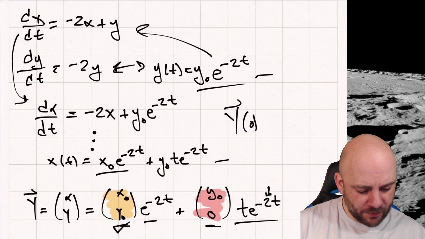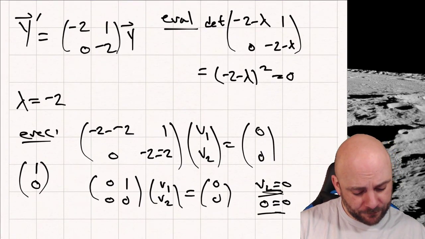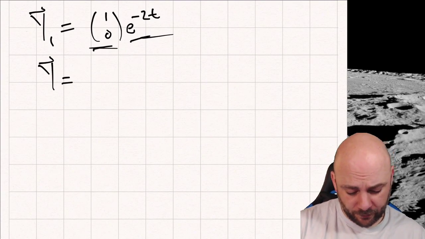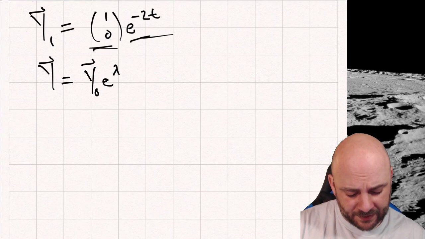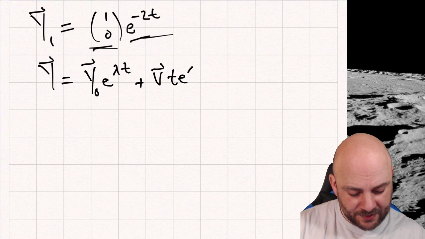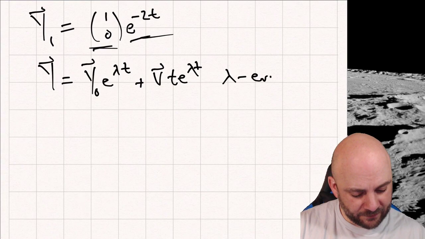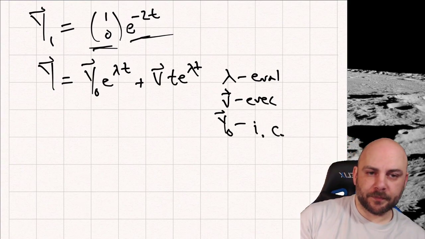Well, being motivated by this right here, we will always look for solutions of the form y0 e to the lambda t plus v t e to the lambda t, where lambda is my eigenvalue, v is the corresponding eigenvector, and y0 is our initial condition vector.